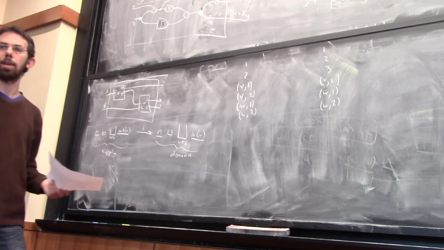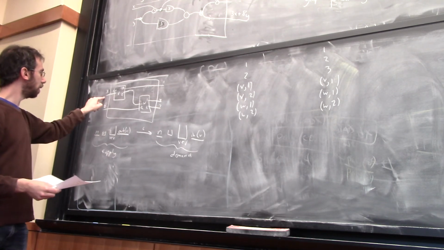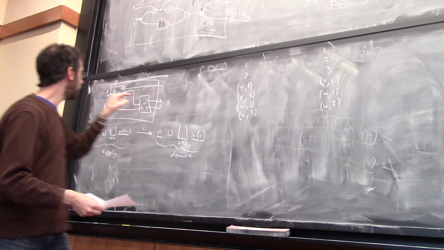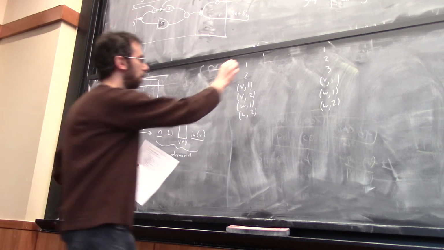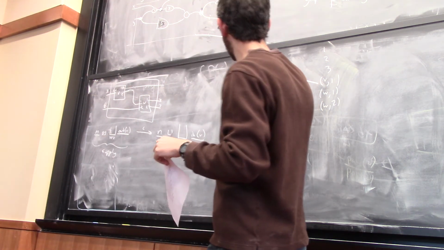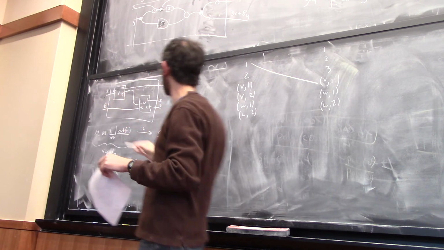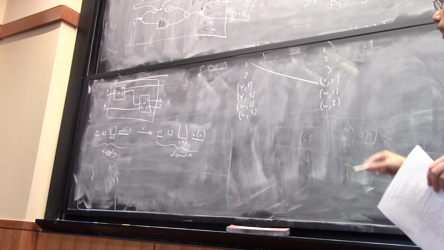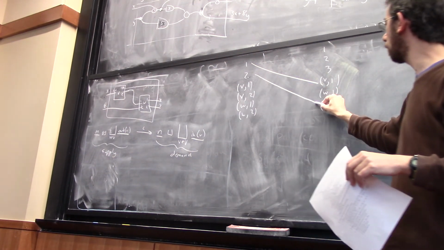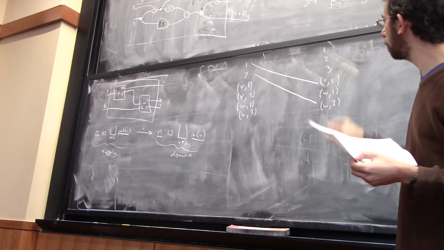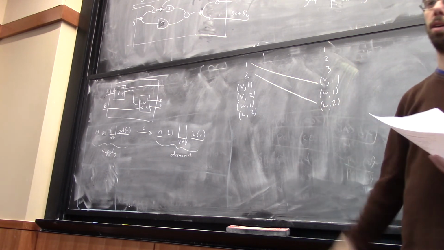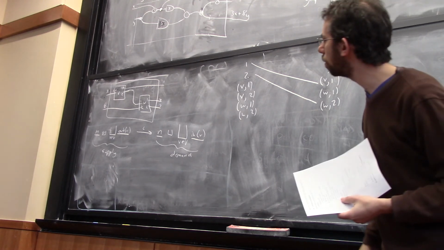Okay, so this 1 is feeding V's 1. This 2 is feeding what? This 2 is feeding W2. Who is feeding the output 1? V's 1.